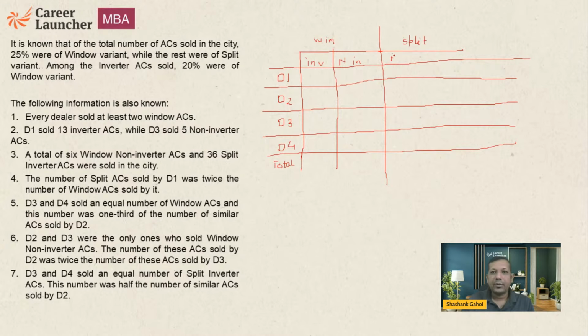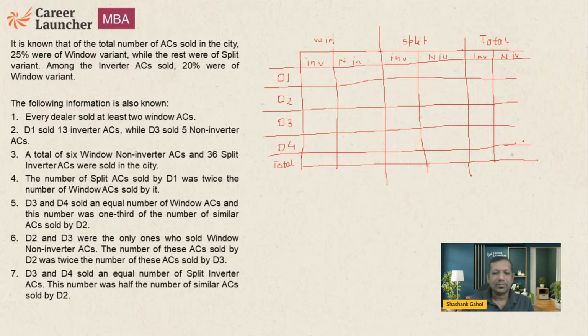Then we got inverter, and we got non-inverter, and then we got total. In total, again, we are going to have 2 categories. One is going to be inverter and non-inverter. And then I'm going to have another category where I'm going to write the complete sum.